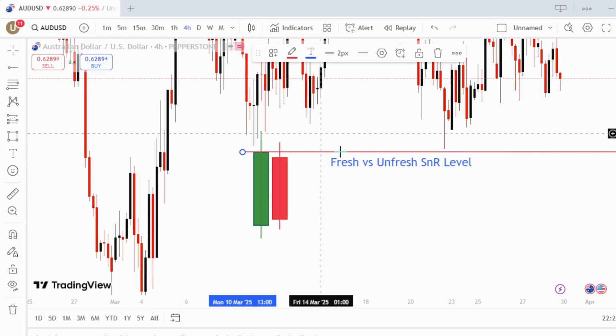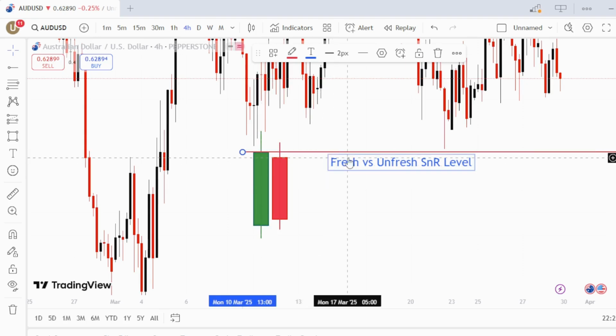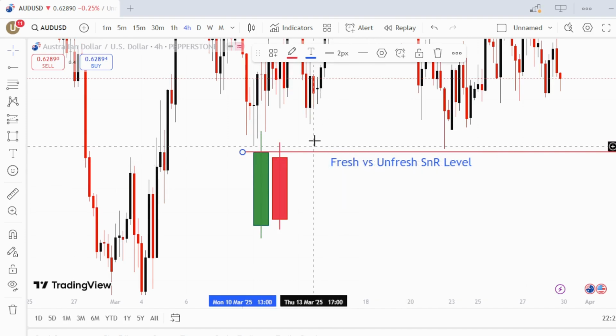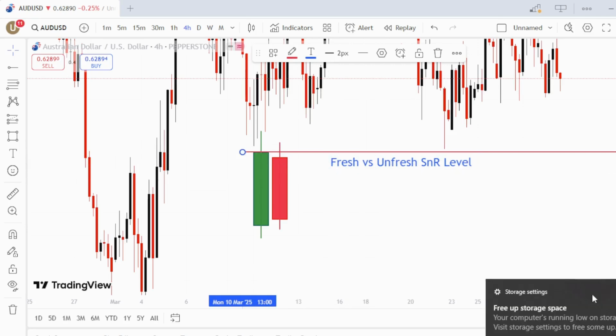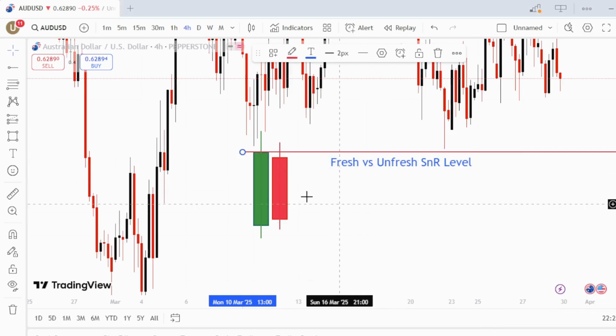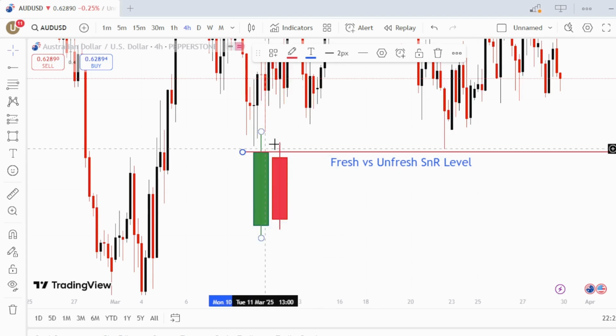This zone is also a place for smart money, institutions and big players. They often place a lot of orders at this fresh level. The reaction at a fresh level is usually fast and sharp due to untouched liquidity.